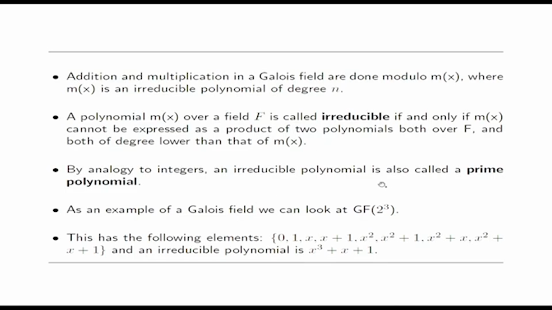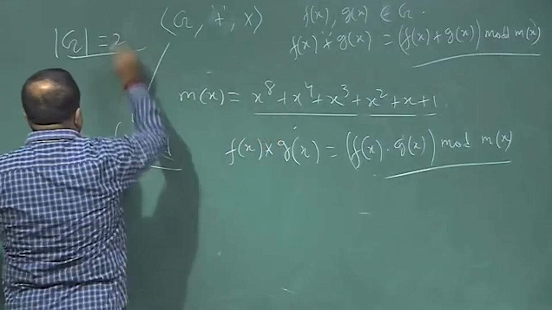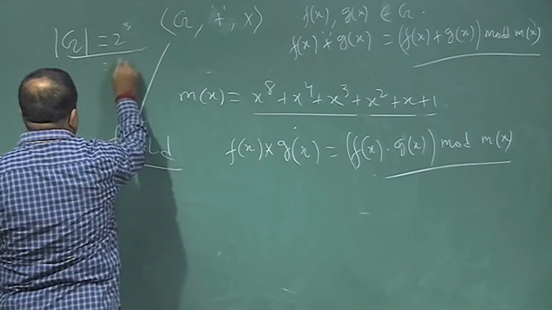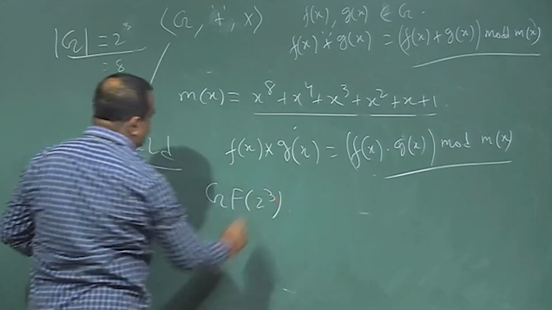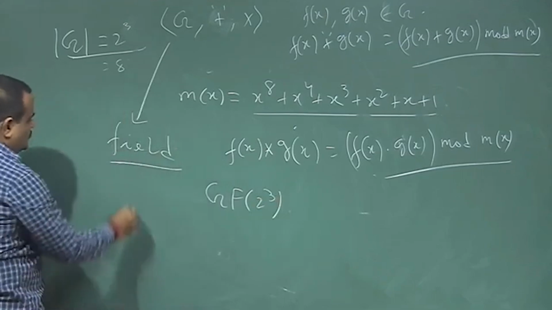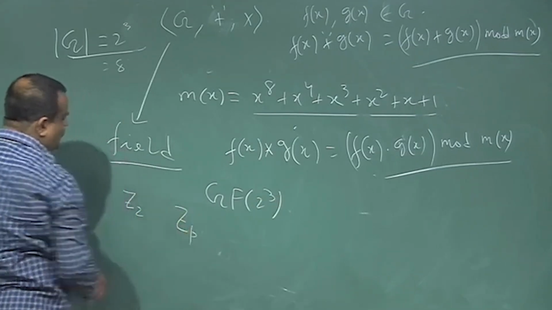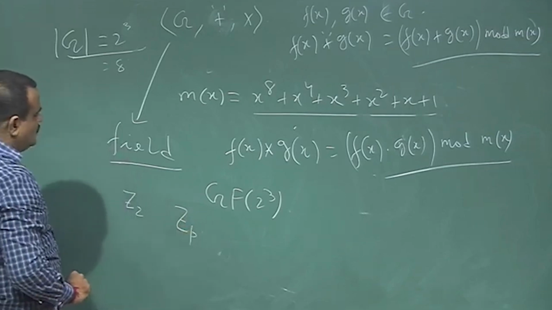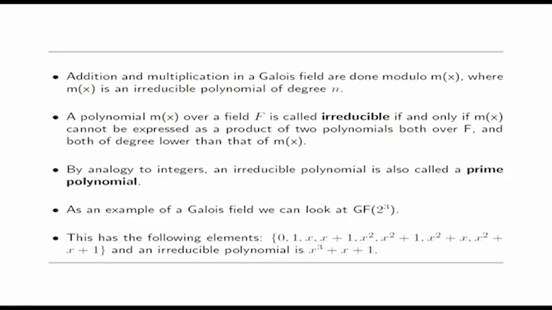This is called the Galois field of 2 to the power 3, because the number of elements is 8, which is 2 to the power 3. So, this is called GF 2 to the power 3. Instead of Z2 we can take Zp also, where p is a prime, and then it will be the general GF(p).